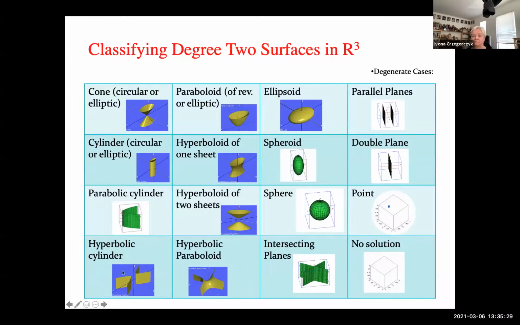I mean all the surfaces in R3 that can be described by one equation and of degree 2. Degree 2 surfaces are very well known, and this was solved a long time ago, probably 100 years ago.